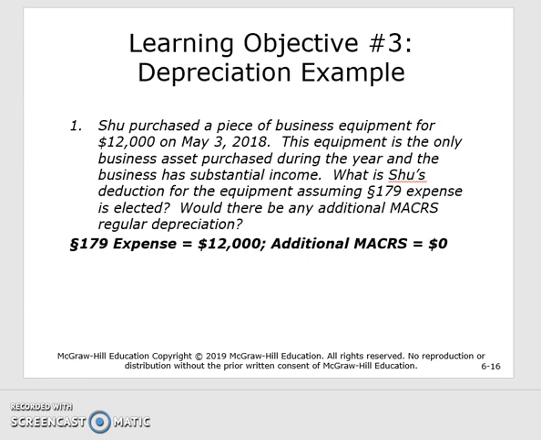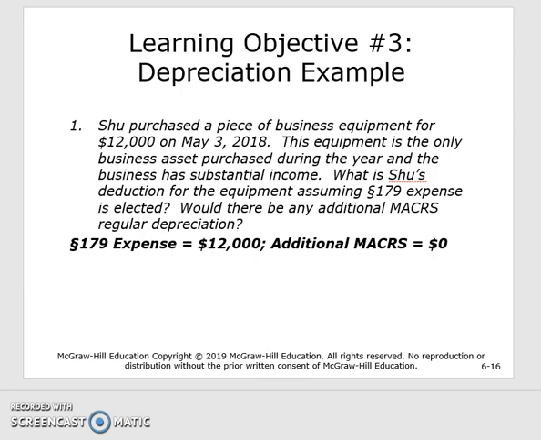Would there be any additional MACRS expense, regular depreciation? Since they have substantial income, we're assuming that they have more than $12,000 of income. So if that is the case, then the total purchase of that business equipment for $12,000 would be able to be expensed under Section 179. So that means that there would be no additional MACRS depreciation on that asset.